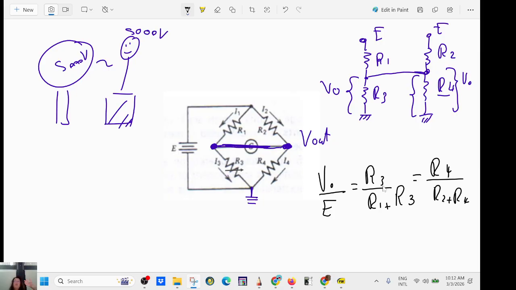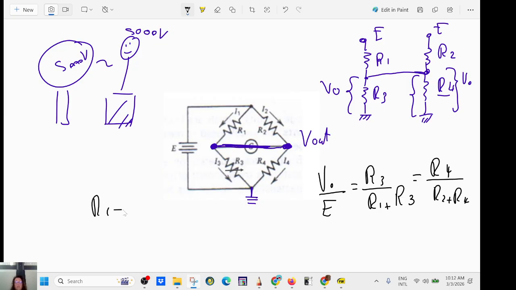Once you have that, you flip this one, flip that one, because we want to isolate R4.